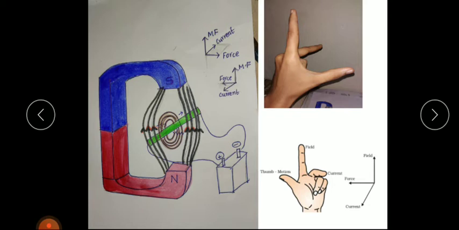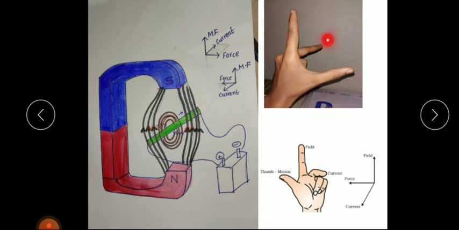See here, magnetic field lines are from north to south. So here you can see the direction of the magnetic field, and the current is along this direction, that is perpendicular to the magnetic field, and the direction of the force will be along this direction, that is towards outwards.